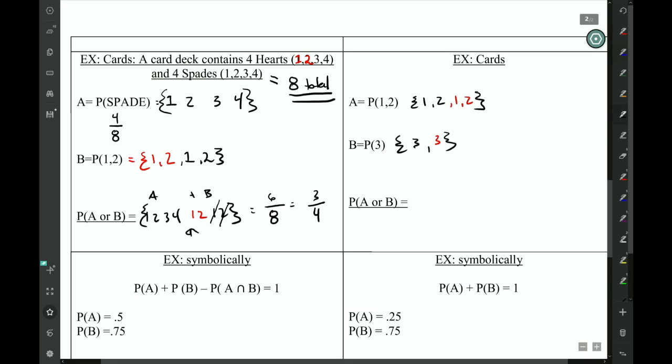Well, if I were to add or union these two, I'm really left with 1, 2, 3. Nothing repeats, and that's why they're disjoint, or I have 6 out of 8. Again, not that they're going to be the same probabilities, but using the same cards, there are 8 total.